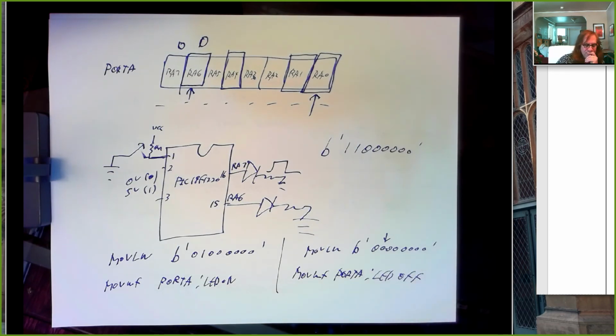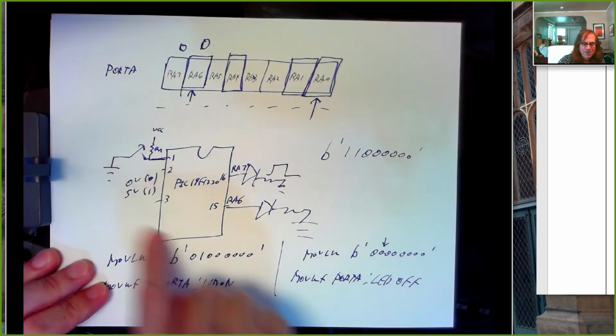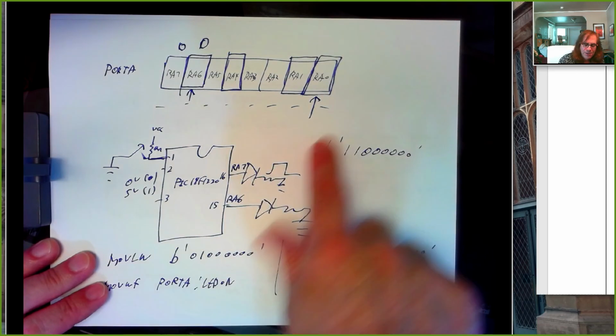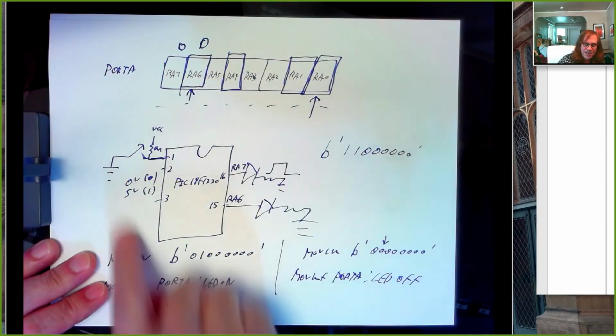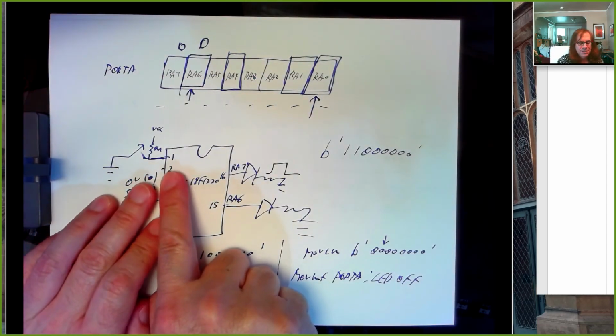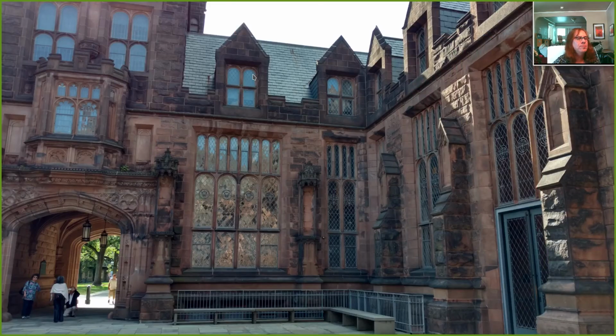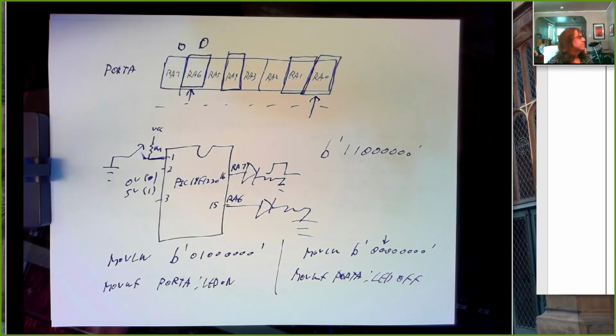And even worse, right? Some of these pins may be inputs, some of these pins may be outputs. So suppose I write this pattern out to port A. Well, pin 1 is I think corresponding to RA0. I don't remember right now.